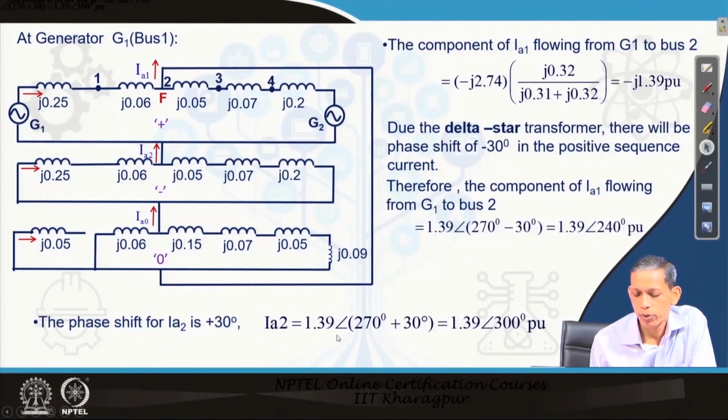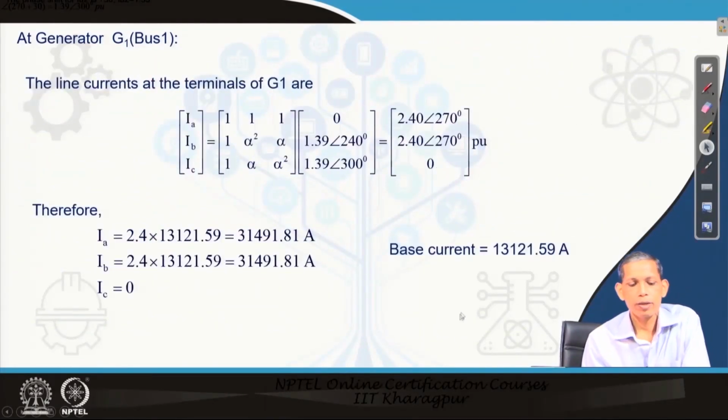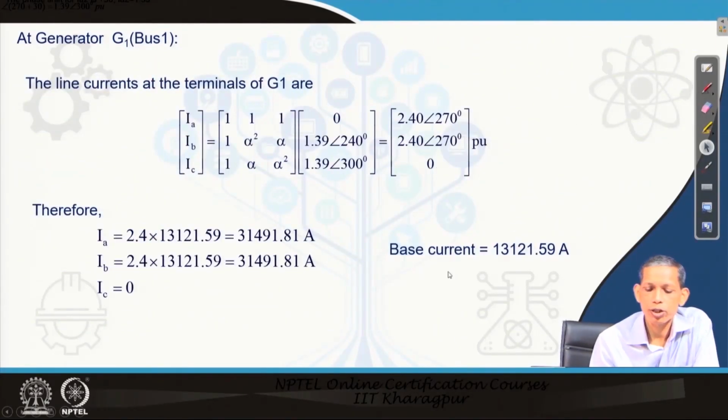So IA 2 is 1.39 at 270 degree, same as I 1, plus 30 degree gives 1.39 at 300 degree. Thereby we got the corresponding sequence components, positive sequence and negative sequence. Zero sequence component is not available because of the delta side connections.